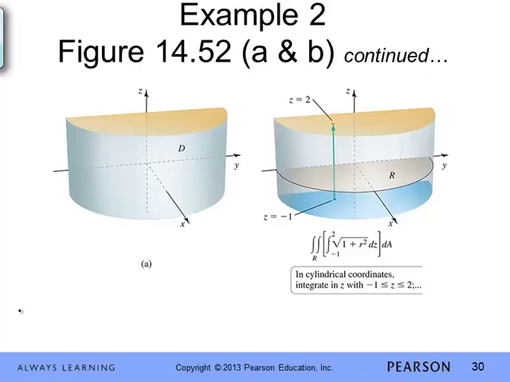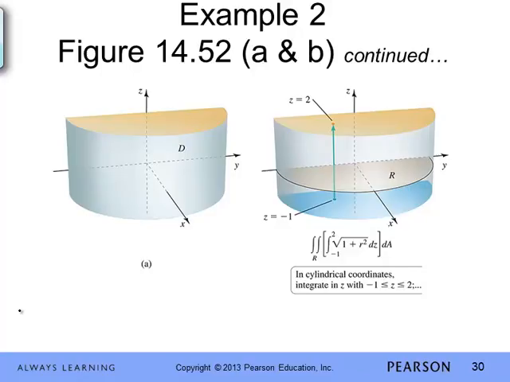And you're going to integrate with respect to z, where z varies between -1 and 2. That's nice, constant limits of integration for z. And your limits for little r, and look, it's a circle, right? It's a semicircle.